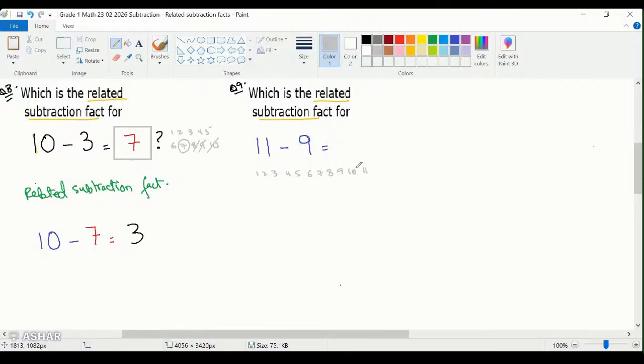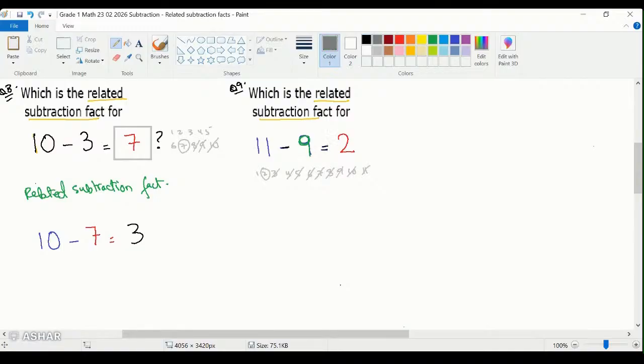If we need to subtract 9, that means 1, 2, 3, 4, 5, 6, 7, 8, and 9. We should be left with a 2. Agreed? If 9 was subtracted from 11, we are left with a 2.